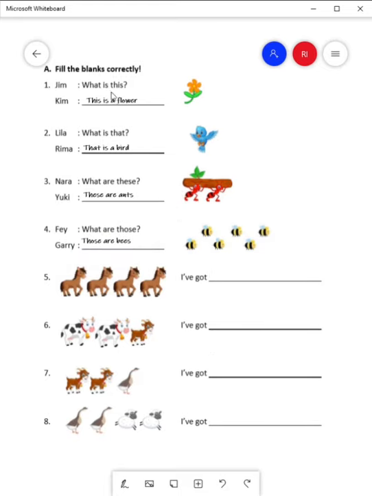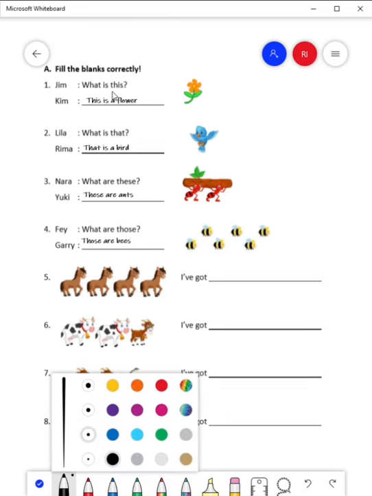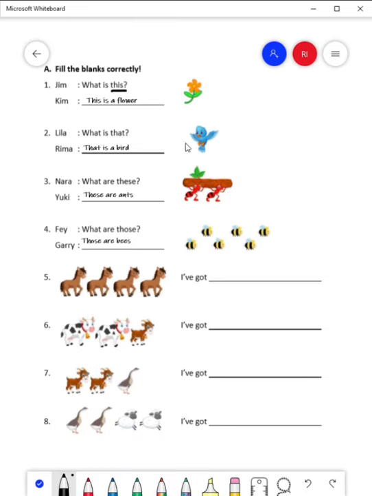So we actually use this to say the things, only one thing that is near to us, okay, near to the speaker. And for that, this is also for one thing, but the difference between this and that, this is close to the speaker.